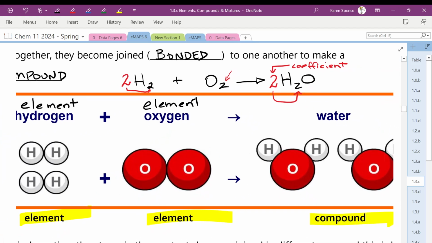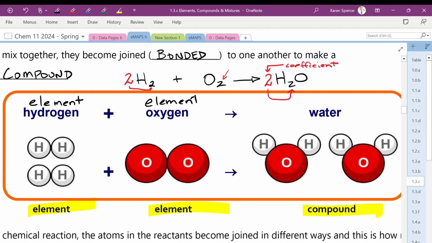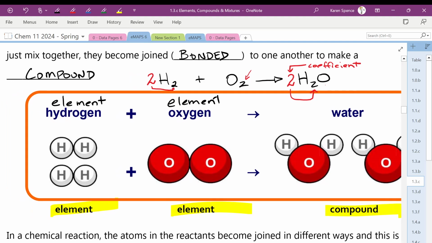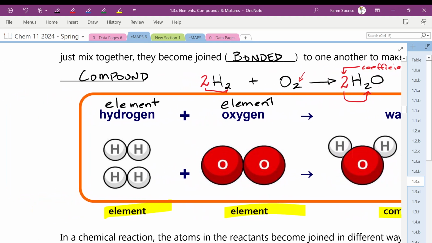And the reason we need to do that, you can actually see here. What if I did not have this second water molecule here? What if I just had 2 hydrogen molecules and 1 oxygen molecule? You'd be like, hey, what happened to this oxygen atom? It just disappeared.